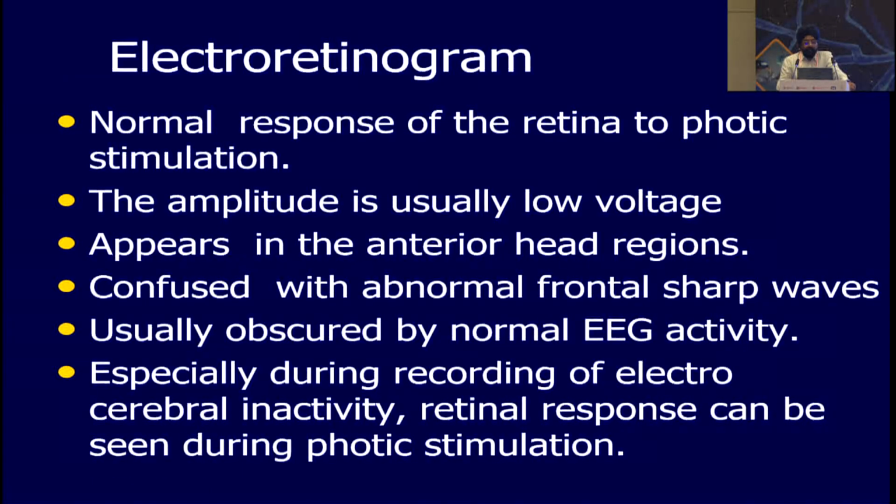Coming to the ERG, it's a normal response of the retina to photic stimulation. Amplitude is usually low, appears in anterior head regions, is confused with abnormal frontal sharp waves, and is usually obscured by normal EEG activity, especially during recording of electrocerebral inactivity. Retinal response can be seen during photic stimulation.